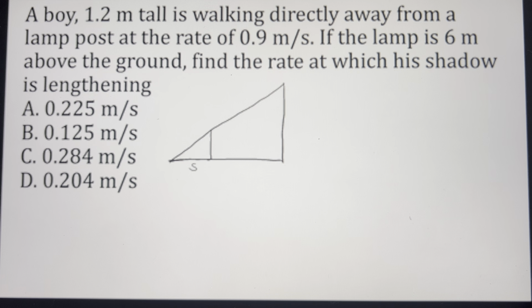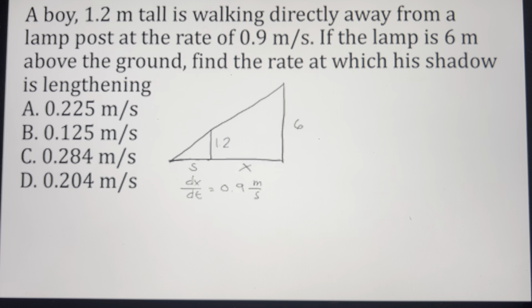The boy is 1.2 meters tall, and the lamp is 6 meters. Let's say the distance of the boy from the lamp is x, and since the boy is walking directly away from the lamp, x increases at 0.9 meters per second.